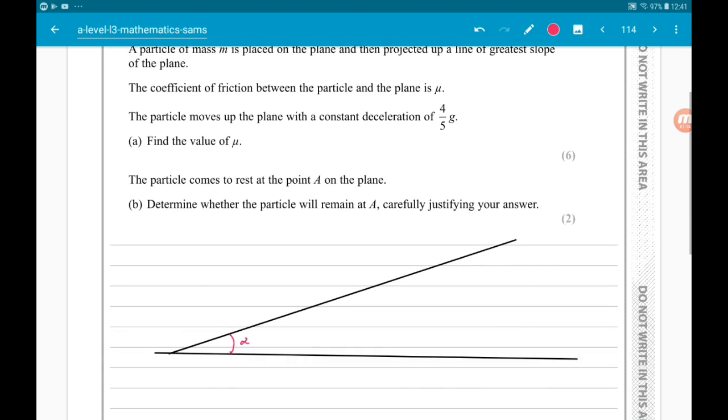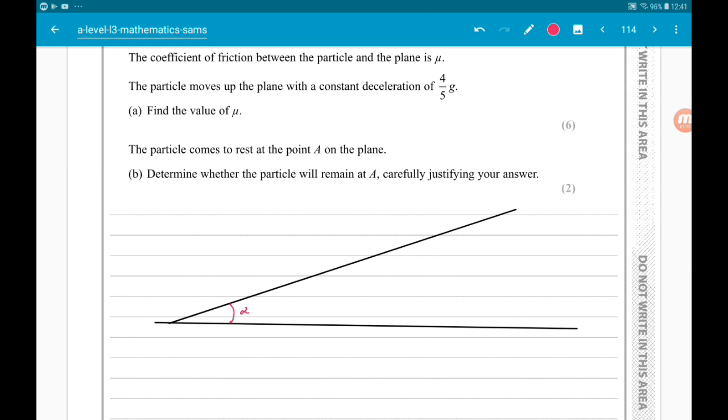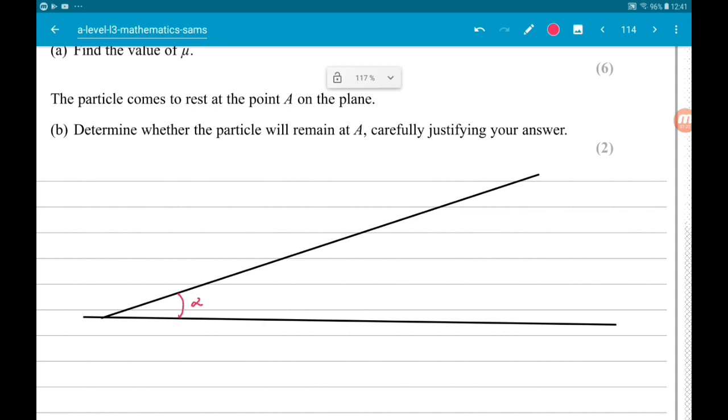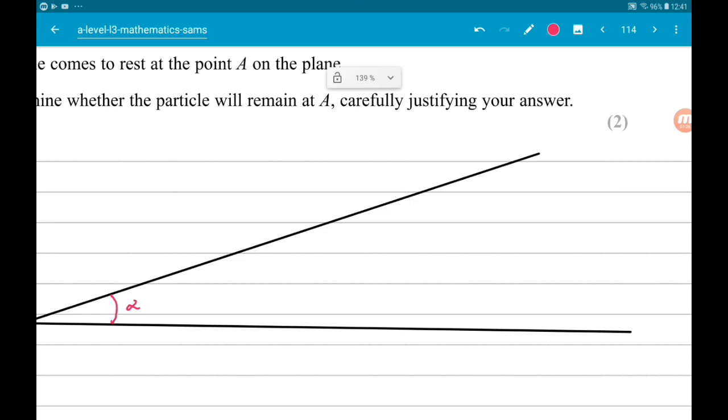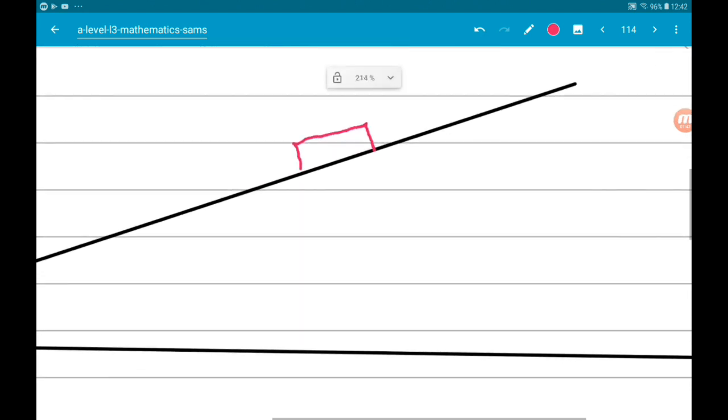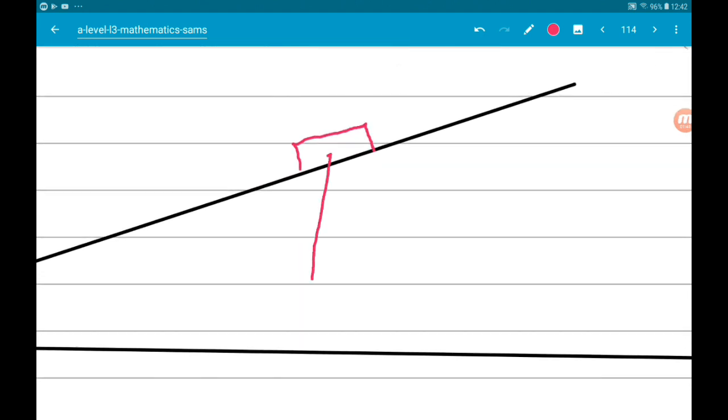Okay, so for this one, you are definitely going to want to draw a sketch. So there's our horizontal and the inclined plane. Let's put our particle there. Now, we know, first of all, it has a mass m, so the weight working down is mg.